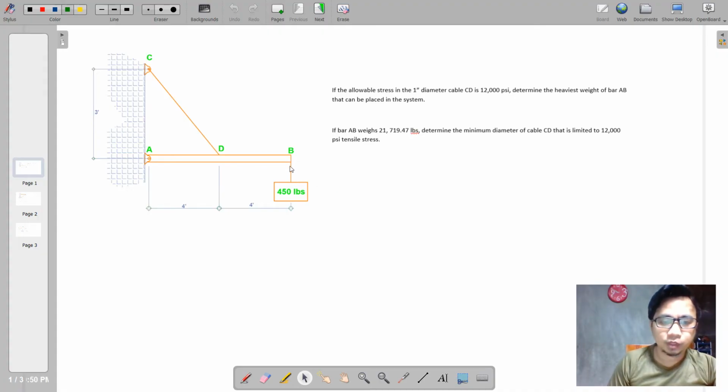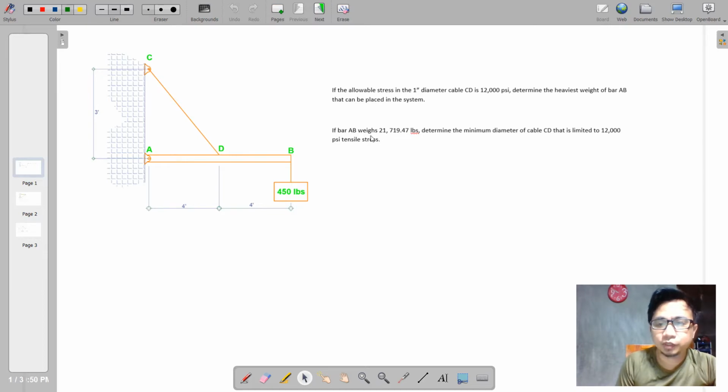And then we also have the loading at the end of the bar AB. So first, if the allowable stress in the 1-inch diameter cable CD is 12,000 psi, determine the heaviest weight of bar AB that can be placed in the system.